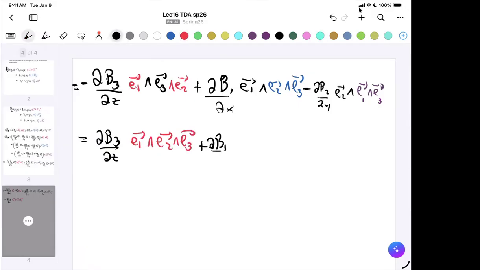Again, for the one in the middle, I was never swapping, so I'll just leave it as it is. And for the next one, I'll swap these two together. And when you swap these two together, again, you get another minus sign that cancels out the minus sign we had already. So you put a plus one more time.